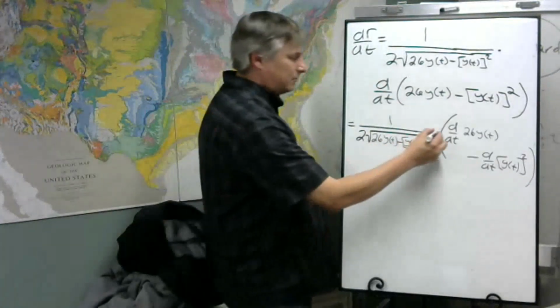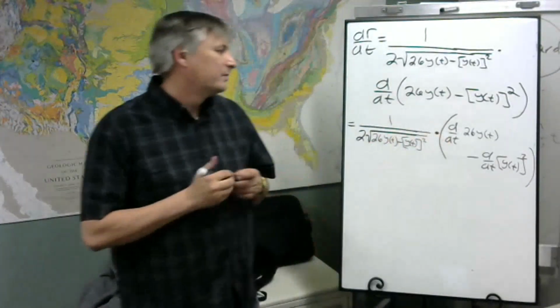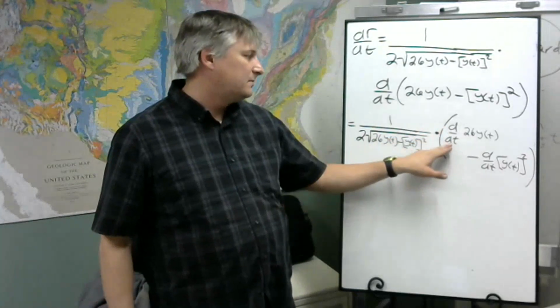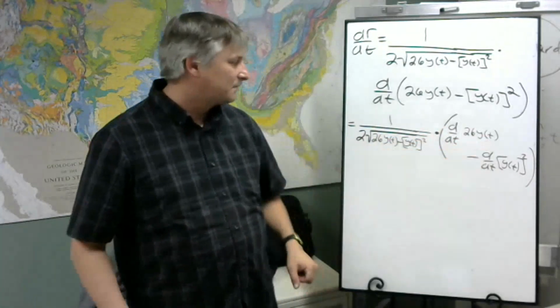So looking at these derivatives, the constant will pass through, and we have the derivative of y of t.